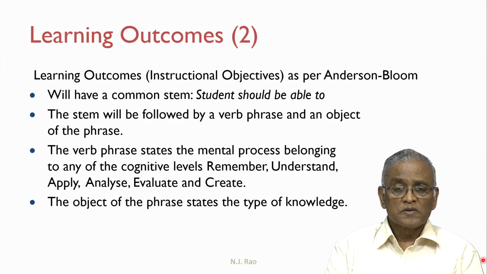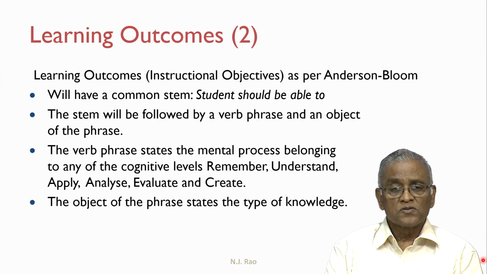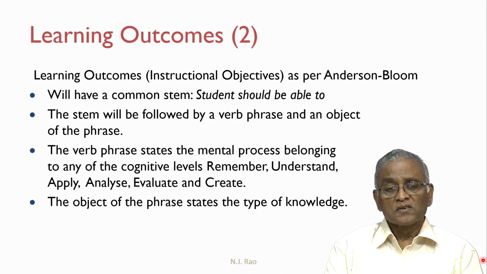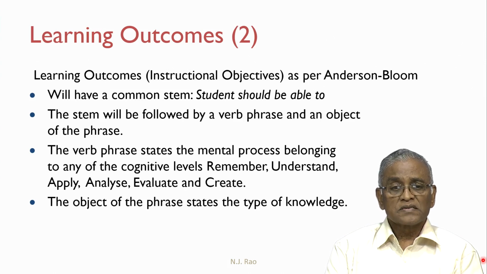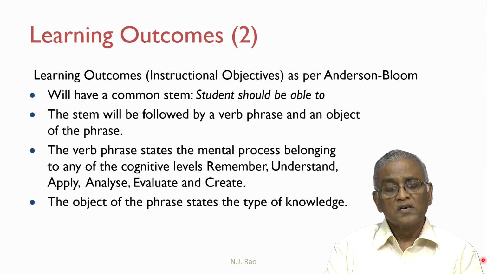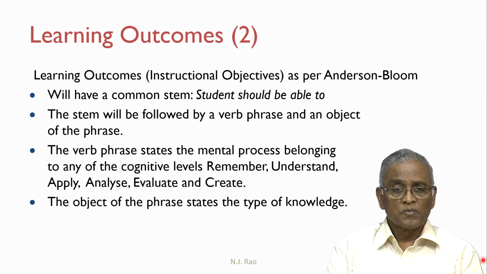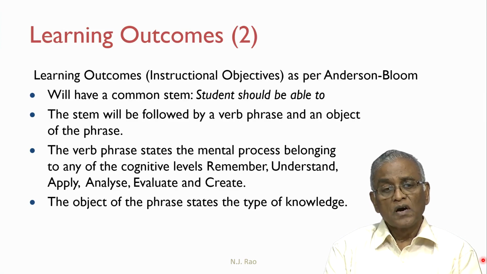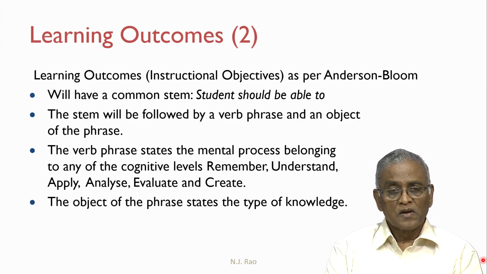Some action verbs you may find common between 2 levels, because sometimes it is very difficult to draw a sharp line between understand and analyze. So, we may find some words which are common across maybe 2 of the cognitive levels. And the third part, the object of the phrase, states the type of knowledge.